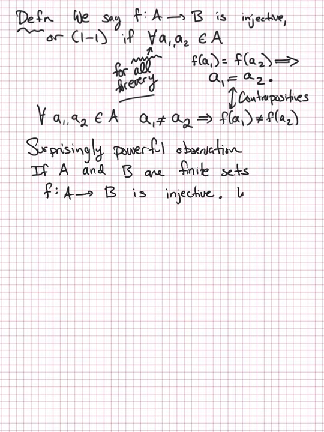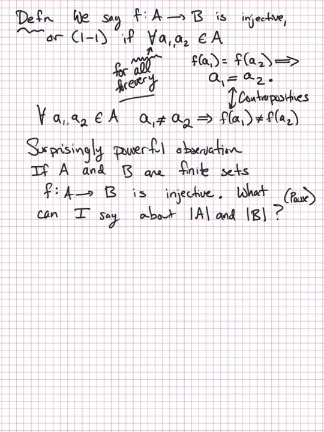Then I want you to think about what I can say about the cardinality of A and the cardinality of B. I'm just going to pause here to think about that.